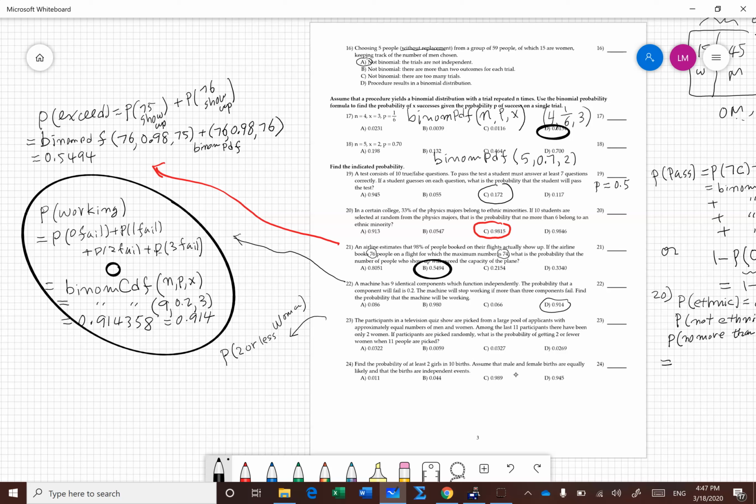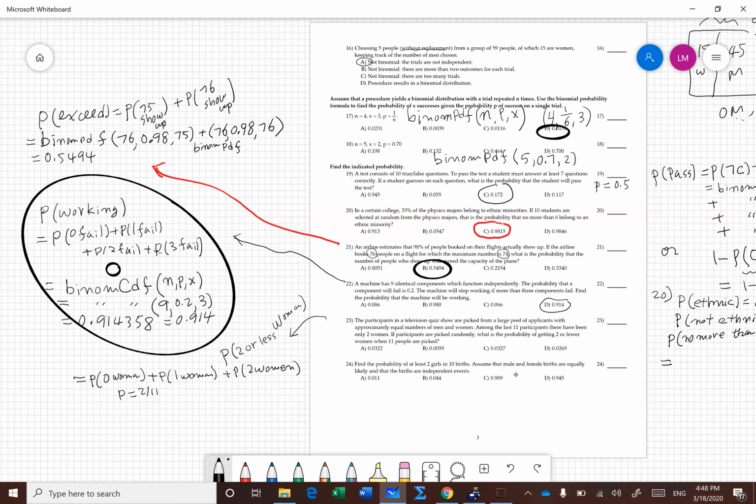So that is the probability of 0 women, plus probability of 1 woman, plus probability of 2 women. Okay? So now, what is the probability of picking a woman? Because there are 11, only 2 women, so 2 out of 11. The probability is 2 over 11.